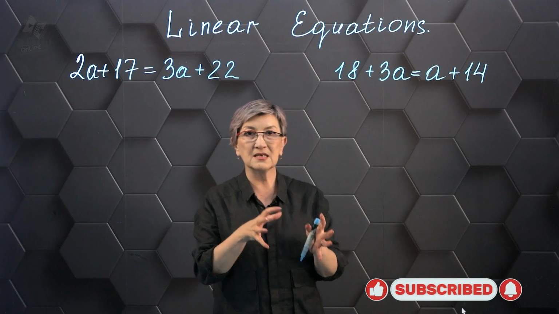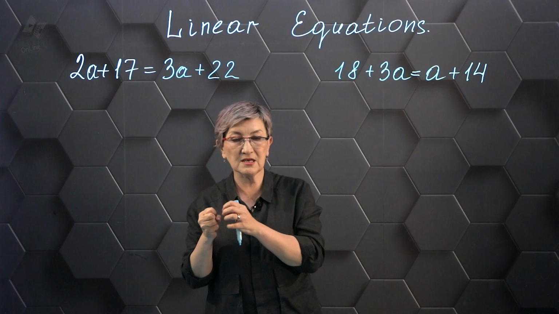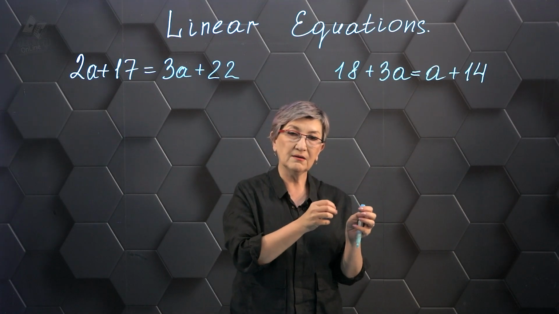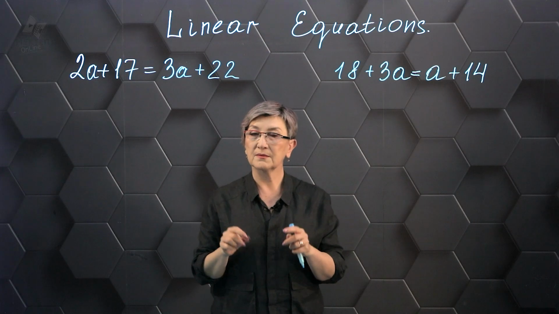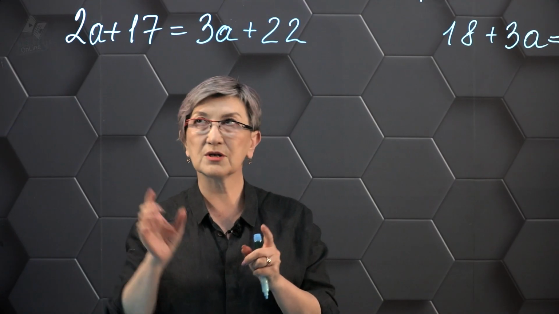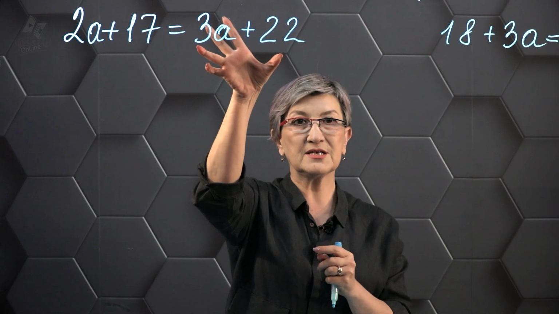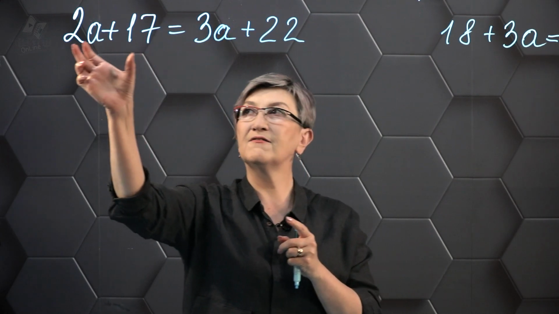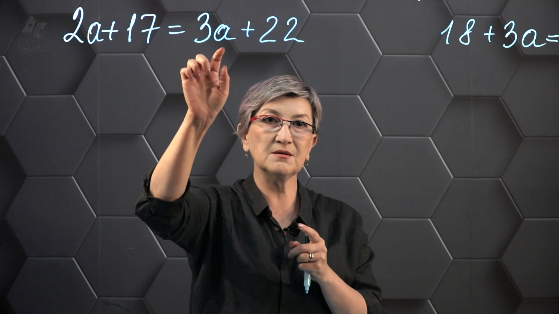And it's at this point in solving these equations that you'll see how to transpose and put together the summands, with the variable in one part and the number in the other part. Let's begin solving our first equation. Notice again, there's an expression on the left side, and on the right side is an expression. On the left-hand side, we see a variable, and on the right side, we see a variable.